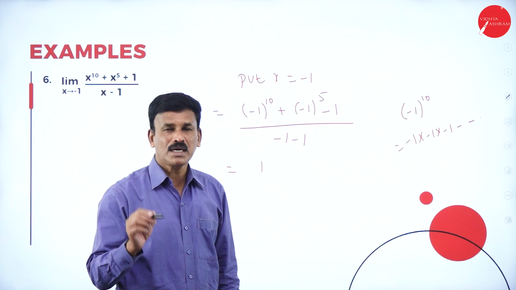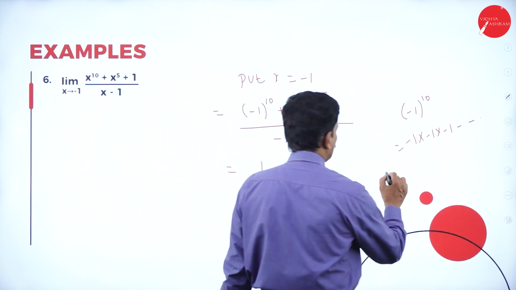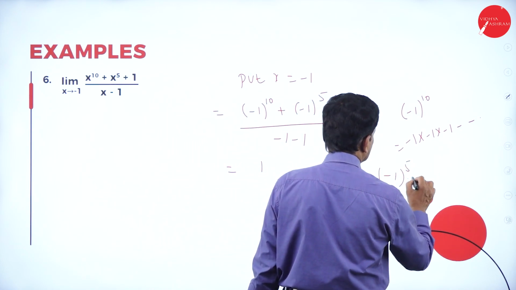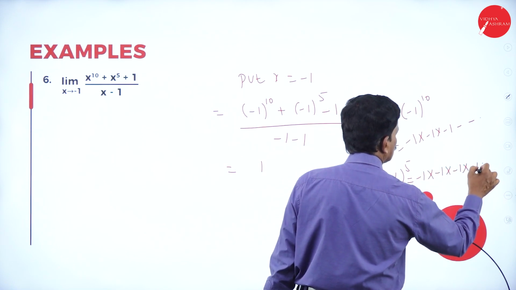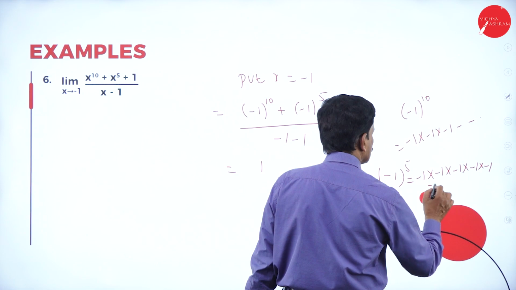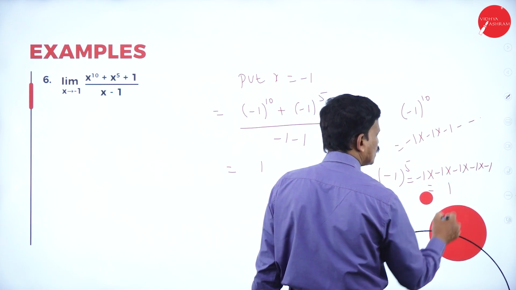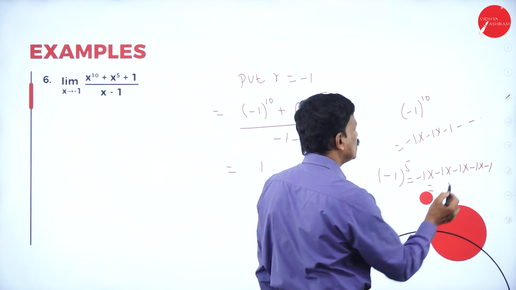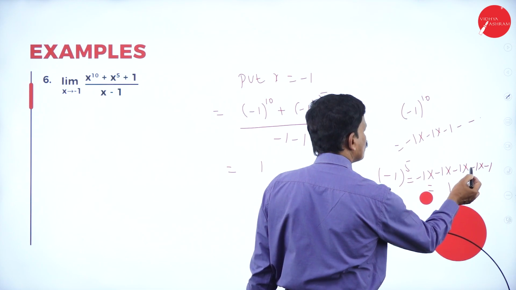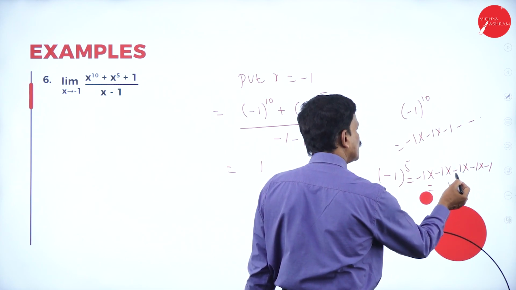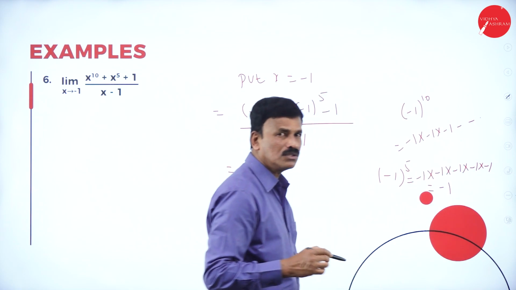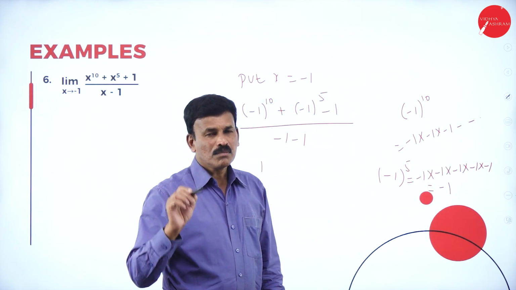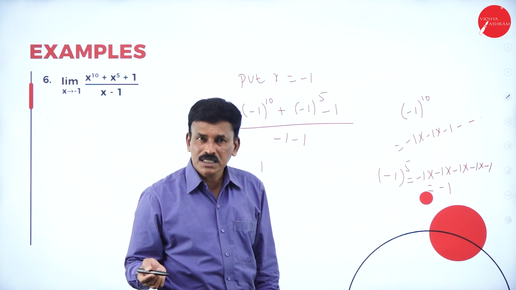If you multiply minus 1 5 times, so minus 1 to the power of 5 is nothing but minus 1 into minus 1 into minus 1 into minus 1 into minus 1. Minus into minus is plus, plus into minus is minus, again minus into minus is plus, plus into minus is minus. So if you multiply minus 1 5 times, you will get a negative.